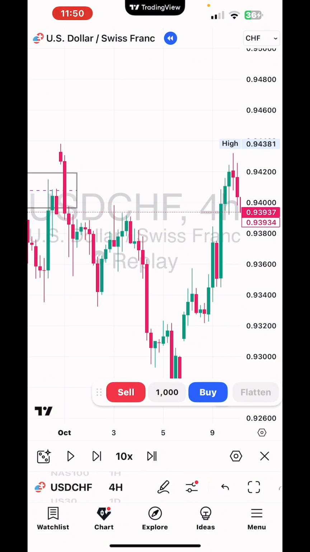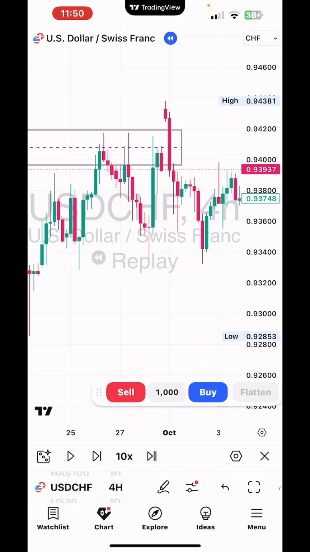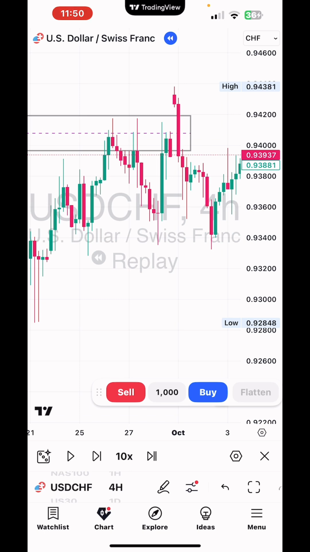But as you can see, it did reverse. And you can see that just from the fact that the lower lows were leveling out. And then you had a low here, then a lower low, higher high, higher low, higher low, higher low, lower low.